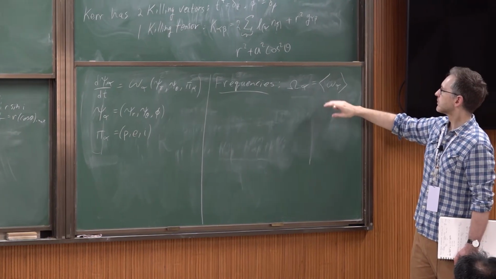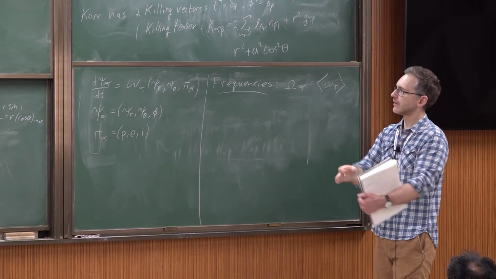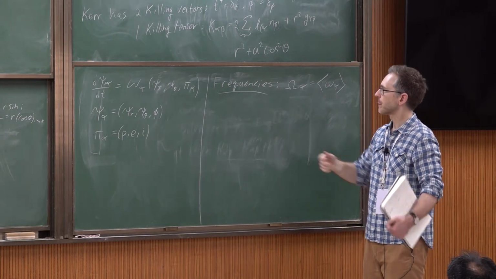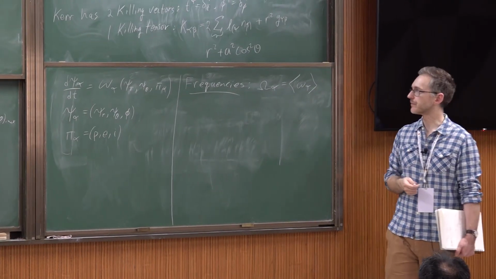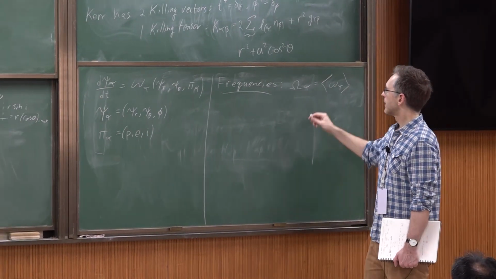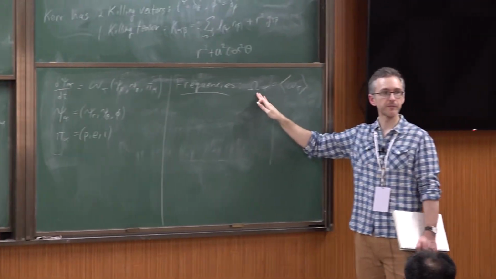I can point you to where this is defined carefully. But the point is, the average frequency is giving us really the physical period of motion. And these frequencies are what actually appear directly in the waveform.